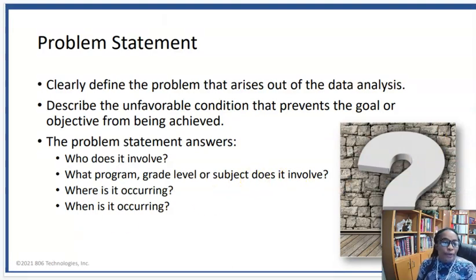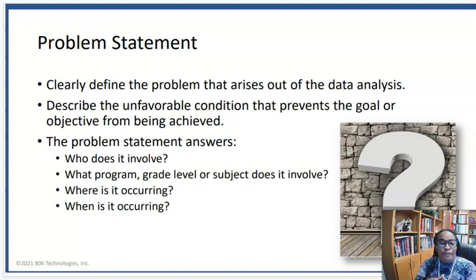So in the process of creating a CNA, a campus needs assessment, we have to look at the problem: having a clearly defined problem that arises out of the data analysis. After we've taken time to individually look at our data, we then collectively come together and have conversations about the data. What do we see?